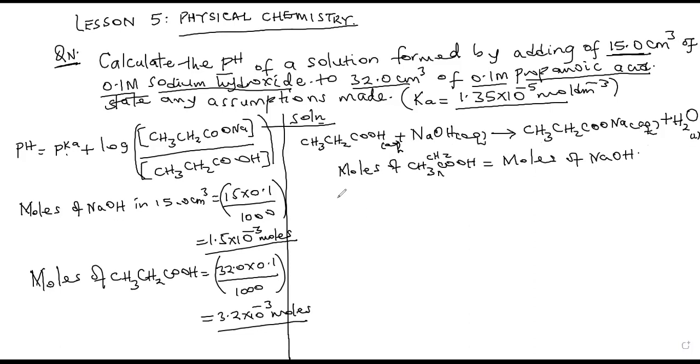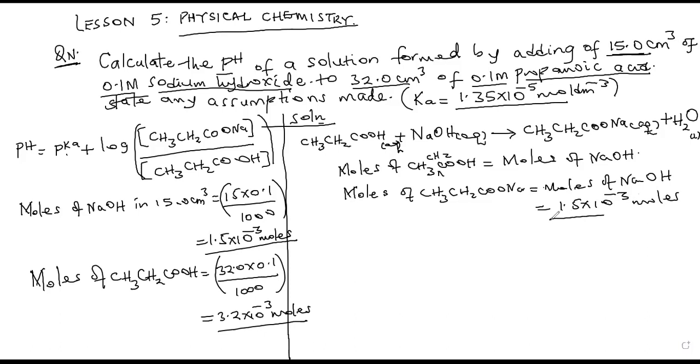So implying that moles of sodium propanoate are also going to equal moles of sodium hydroxide, which equals 1.5 times 10 to the power negative 3.